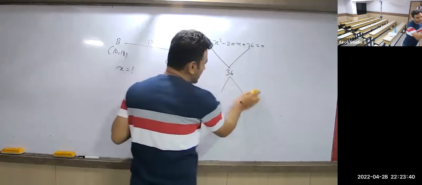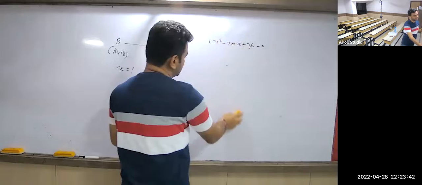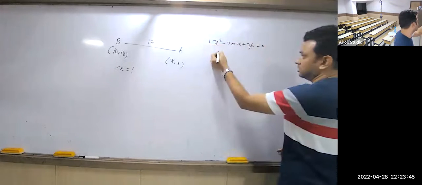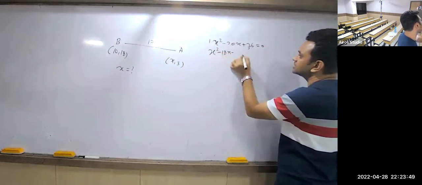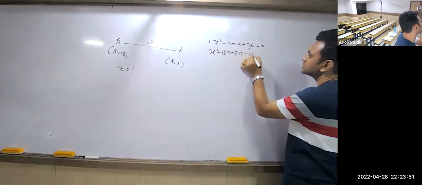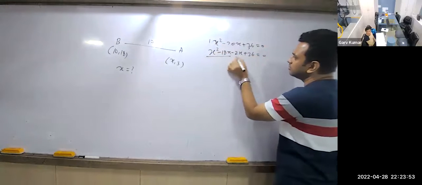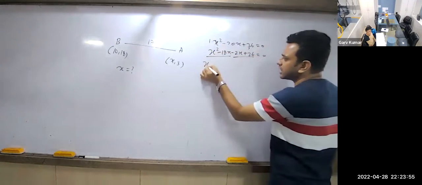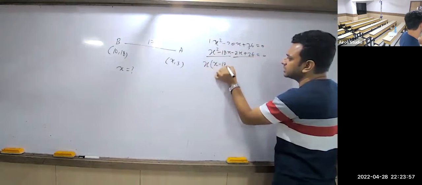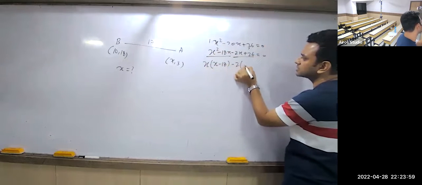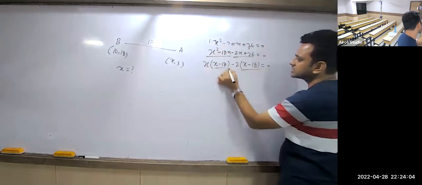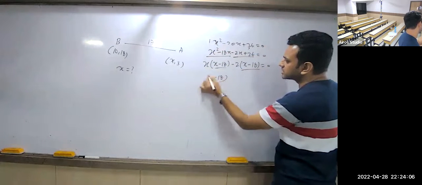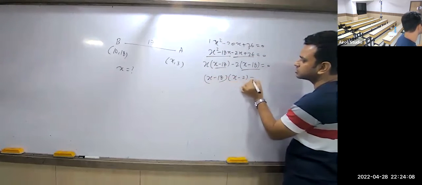Clear? So now I apply the division. So it will be x square minus 18x minus 2x plus 36 equals to 0. Taking the pair, I will take x as common, so it will be x minus 18. In this, I will take 2 as common, so it will be x minus 18. Now I will take x minus 18 as common, so it will be x minus 18 and x minus 2 equals to 0.